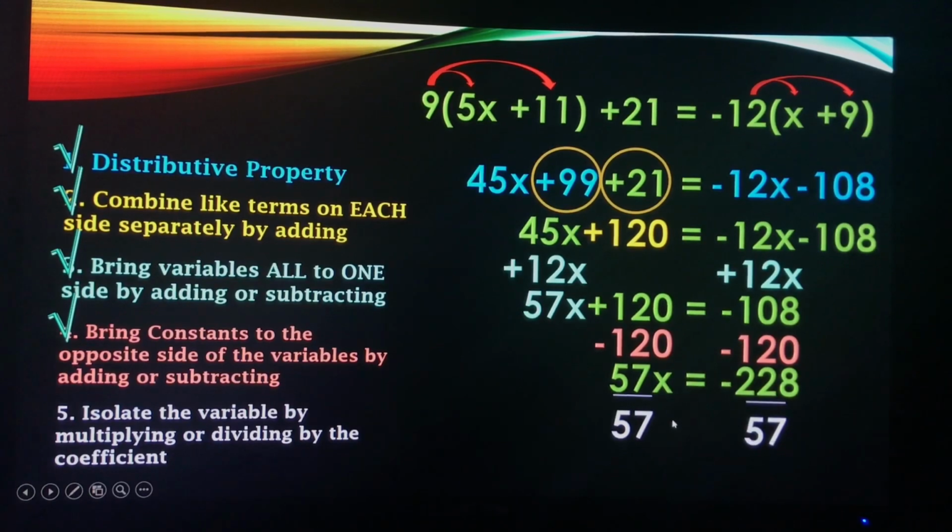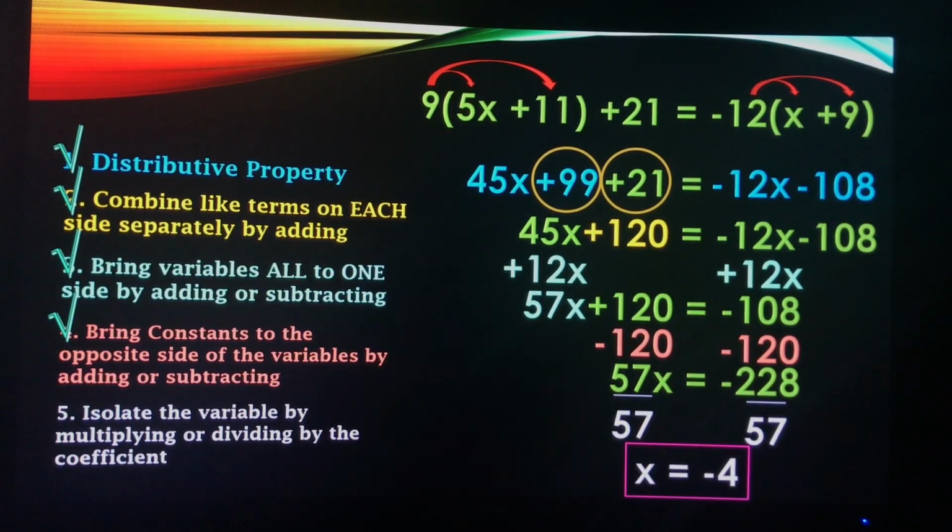And I know I'm going to do it on both sides. So what happens is I get x left on my left, and I actually get negative 4. So I've gotten my variable by itself, and I found that the value of x is negative 4. If you plug this back into the original equation, I can guarantee you that it will work out.